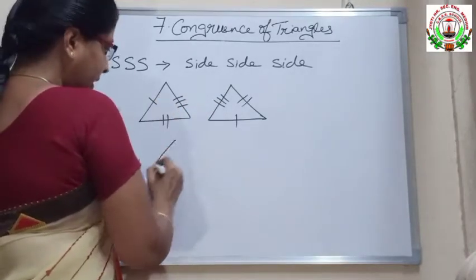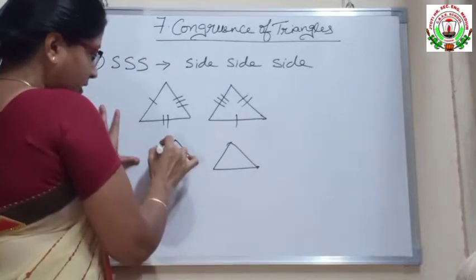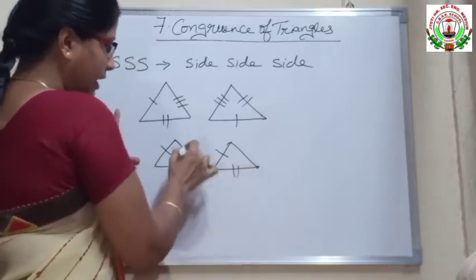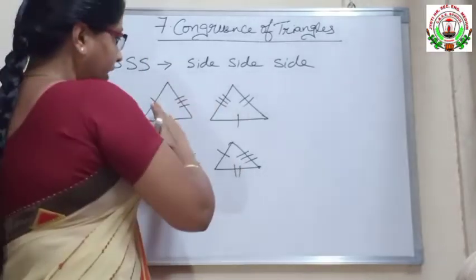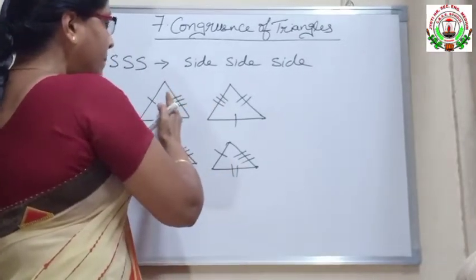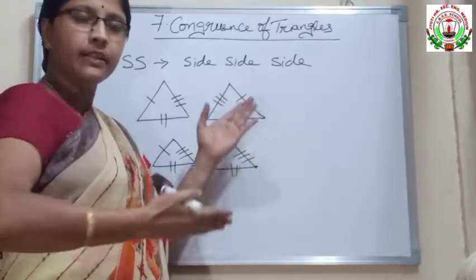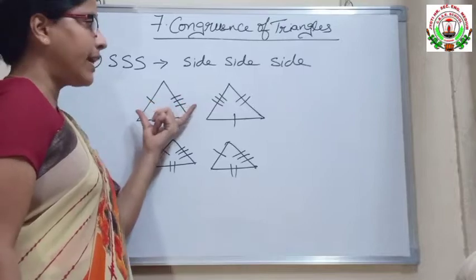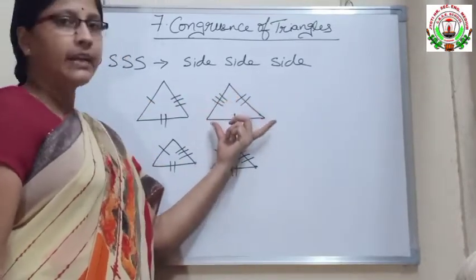It does not mean that this side will be equal to this side only, this side to this side only. It is not like that. The sides compared for the first triangle can be in different positions in the second triangle, but the three sides of the first triangle should be equal to those of the second triangle.